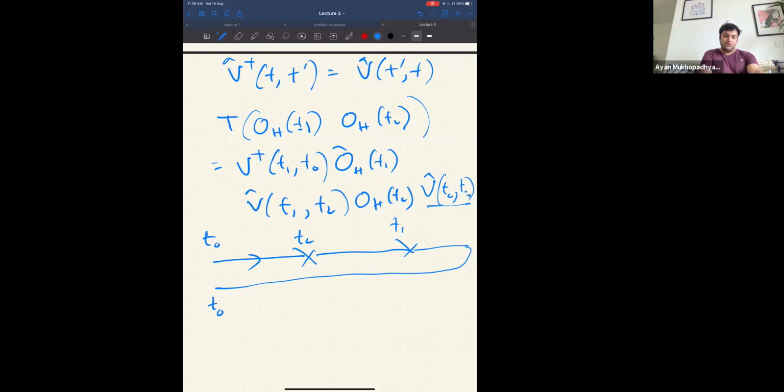So I first go from T0 to T2. This is V(T2, T0). That is what V means, right? I go from T0 to T2, and then I insert this operator, which is in the Heisenberg picture with respect to H0, at T2, and then I go from T2 to T1.